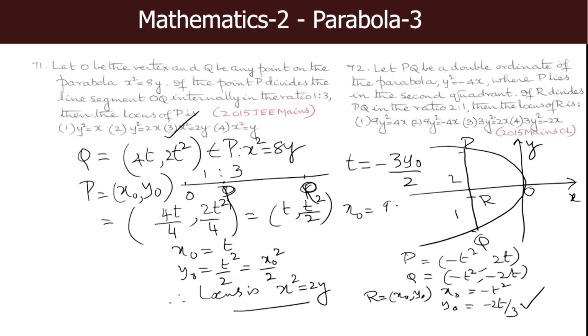T square means 9y0 square by 4, so 9y0 square equal to minus 4x0. So, the locus of (x0, y0) is 9y square equal to minus 4x. Follow? Same as the last question, except that the parabola is different. Here x square equal to 8y and here y square equal to minus 4x. In both cases, you need to apply the section formula.